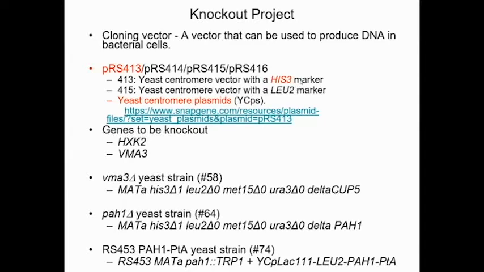That means this vector carries a gene that can produce histidine, so we have to use a host cell that is a histidine auxotrophic mutant. That means the cells cannot produce histidine. So we use pRS413 as the vector.